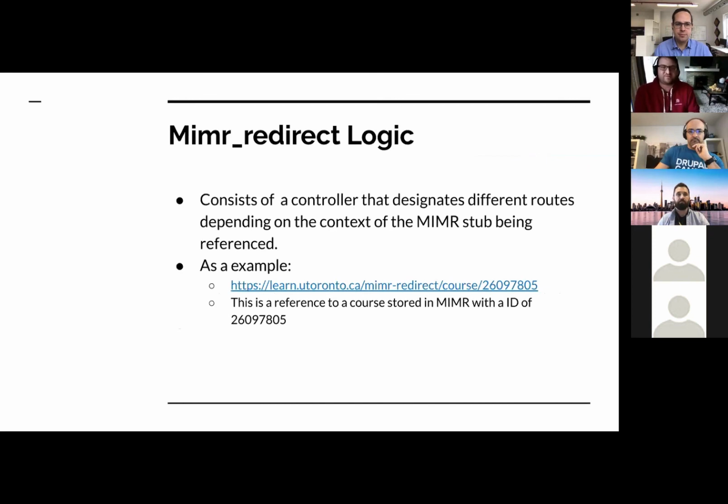As an example I've posted here, if you take a look at one of the applications, you can see that instead of a normal Drupal link, we have this Mimer redirect, which is a reference to a course stored within Mimer with an ID of a number I'm not even going to say. What it does is query the database, find the entity that has this Mimer ID stored within it, and then correctly redirect to that page.